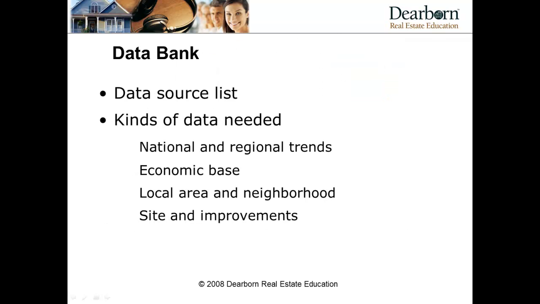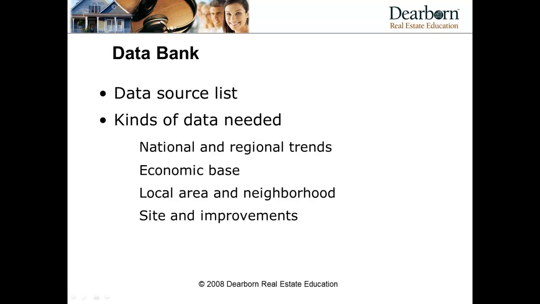And so the chapter, after going through those initial steps in the appraisal process, presents what they call a data bank. And this may be a little bit of overkill. I would say from a practical standpoint, an appraiser may have 4, 5, 6 sources of data that are used regularly.